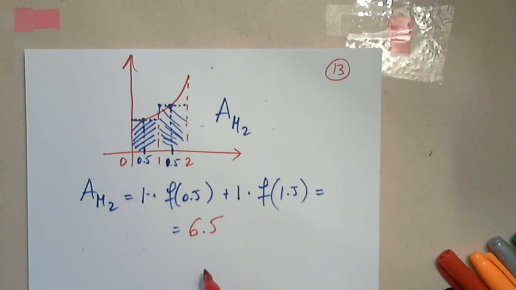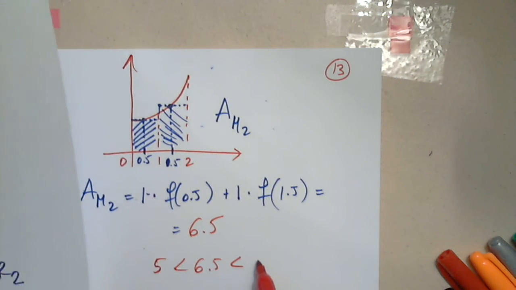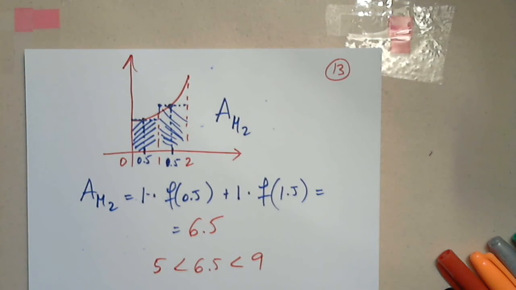Which of these is the best approximation? Which of these three options is 6.5? Of course. 6.5 with the midpoint is the best approximation. Perfect.